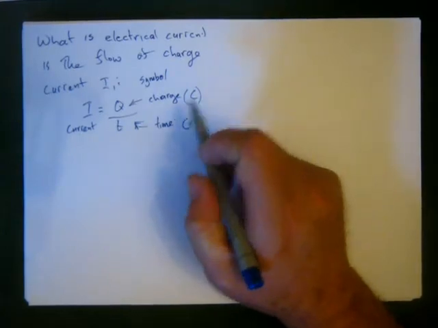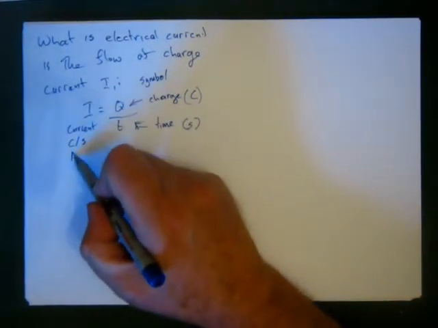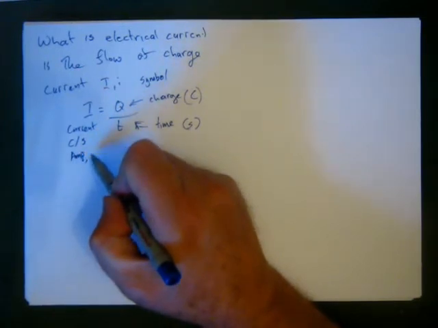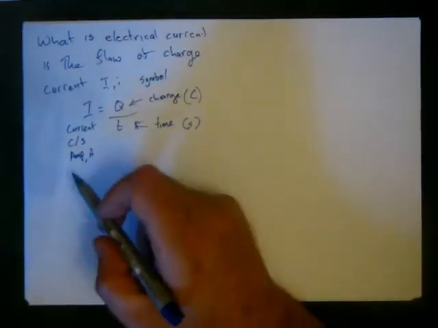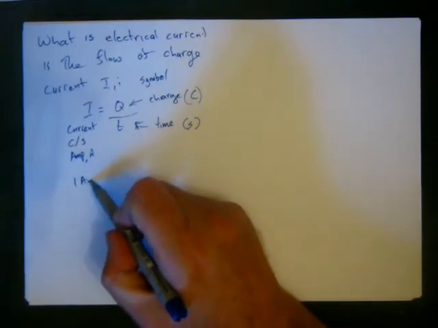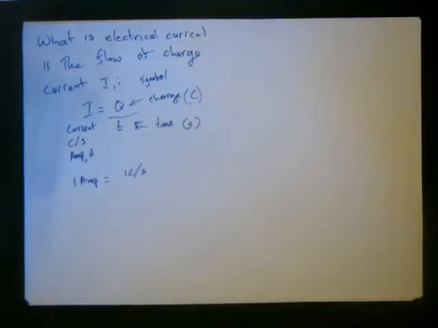So current is coulombs per second. And we have a special name for that. We call that the amp or the ampere. So remember, 1 ampere is equal to 1 coulomb per second.